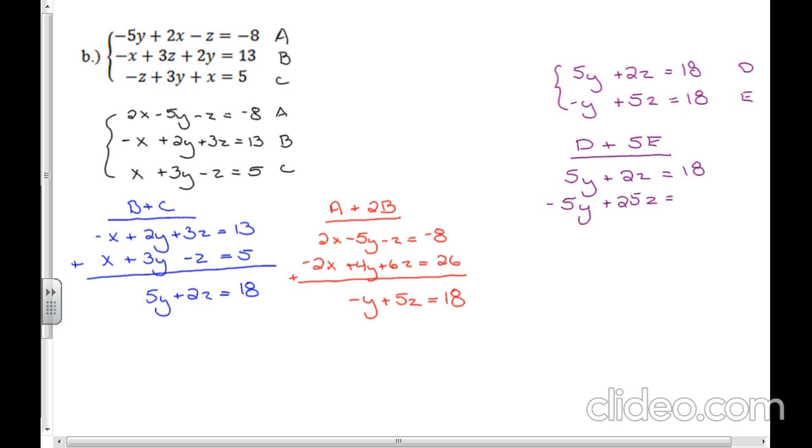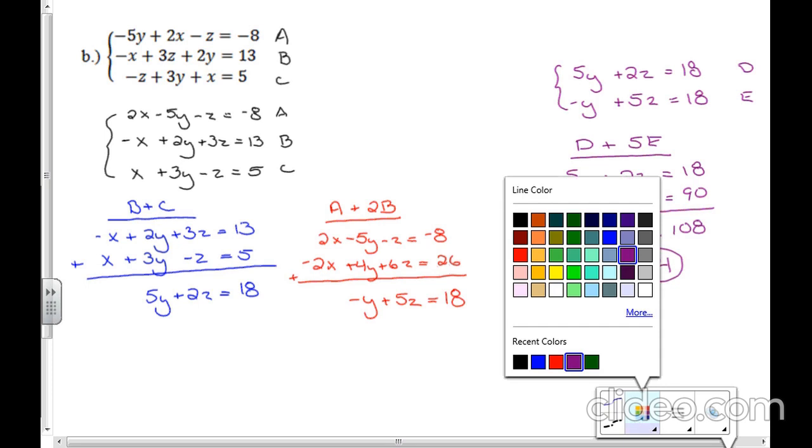So 18 times 5 here would be 90. Now I can add these two together, and this would give me 27z equal to 108. Now I can divide by 27, and so z is 4. So I found my answer for z.